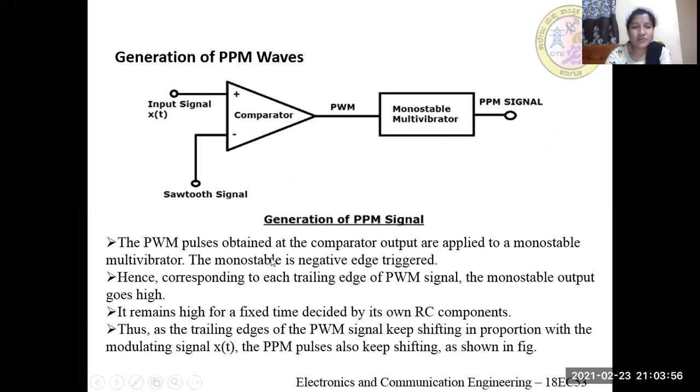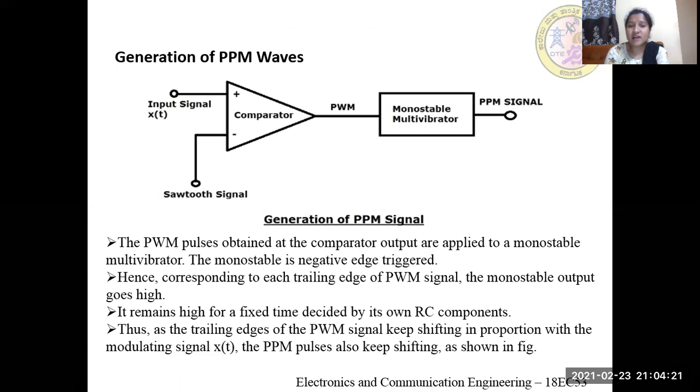The pulse width modulation signal obtained at the comparator output is applied to a monostable multivibrator. The monostable multivibrator is negative edge triggered. Hence, corresponding to each trailing edge of the pulse width modulated signal, the monostable output goes high.